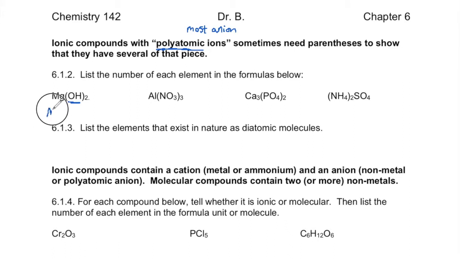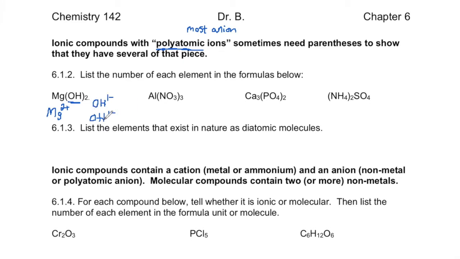We have magnesium ion. Magnesium, you'll remember, forms a +2 charge. And then we have 2 of these OH ions. They're called hydroxide. So we have an OH and an OH. Each one of these has a -1 charge, each group.